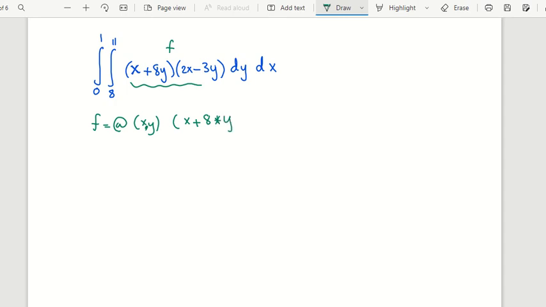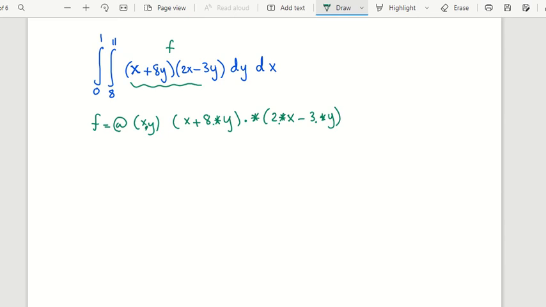Then dot multiply by 2x, minus 3 multiply by y.